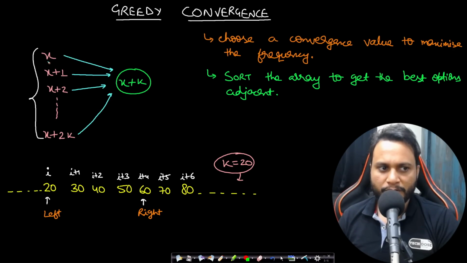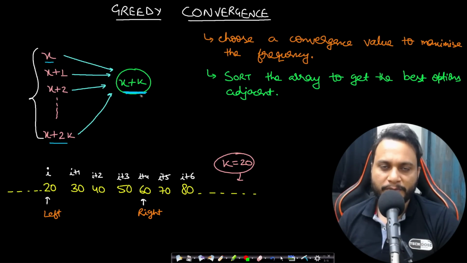Let's say that your items are ranging from x to x plus 2k. What value should I choose so that I can get the maximum of these numbers converted to the exact same value, so that all the elements after conversion become equal, because I want to find the longest equal subsequence, right? So if you think about it carefully, it will be the middle value between x and x plus 2k.